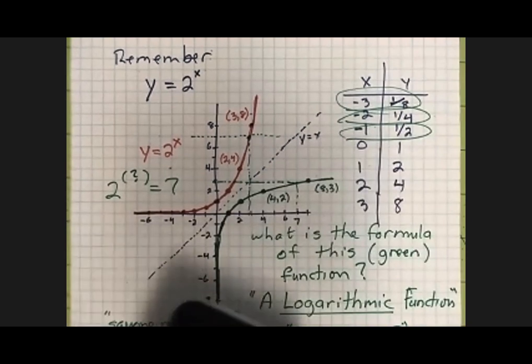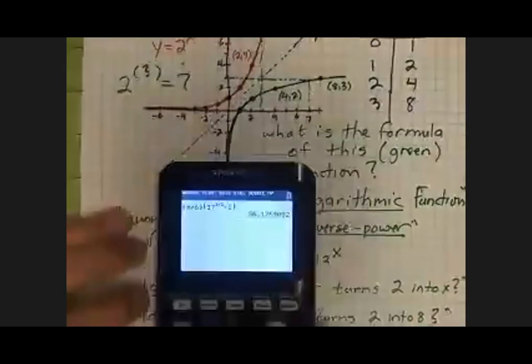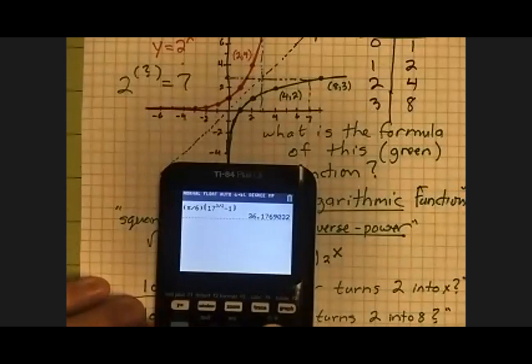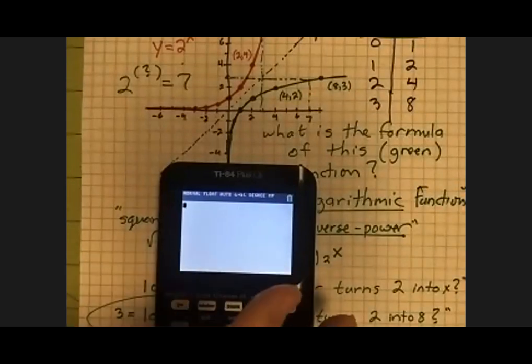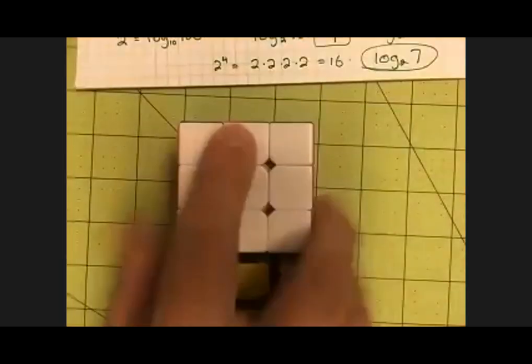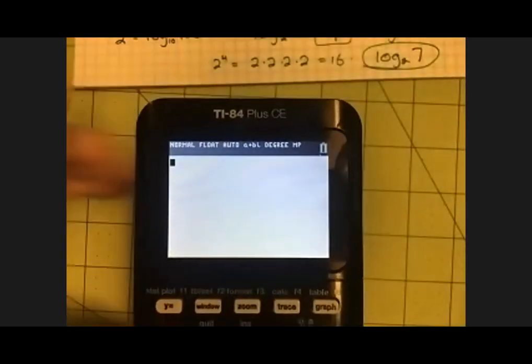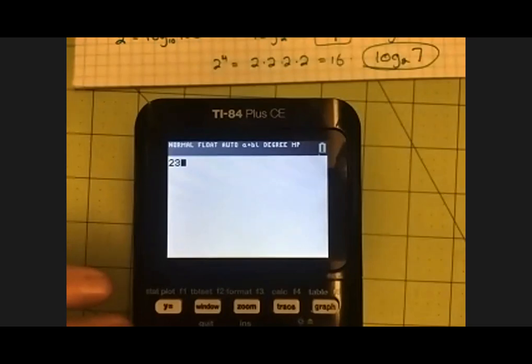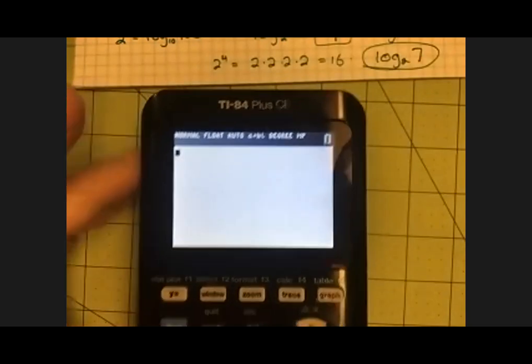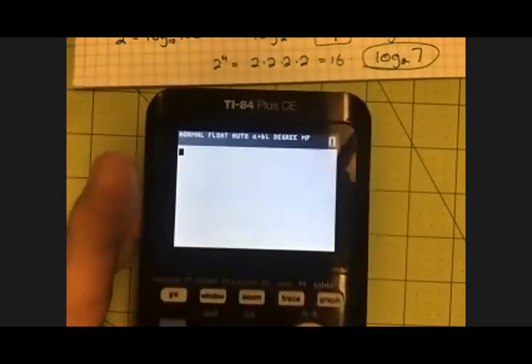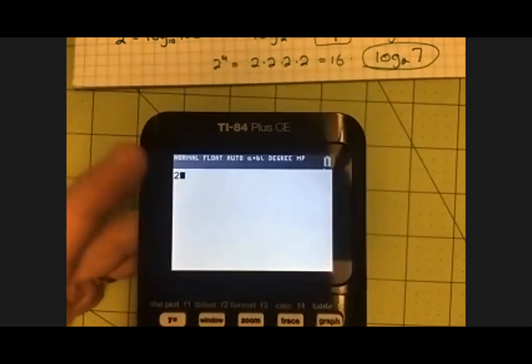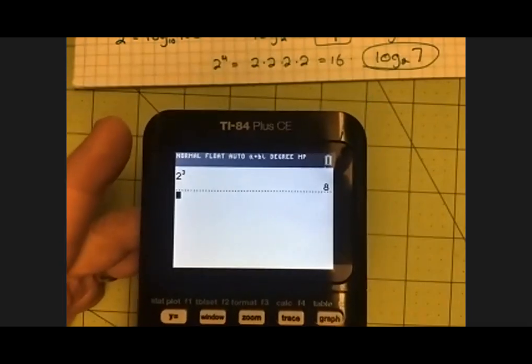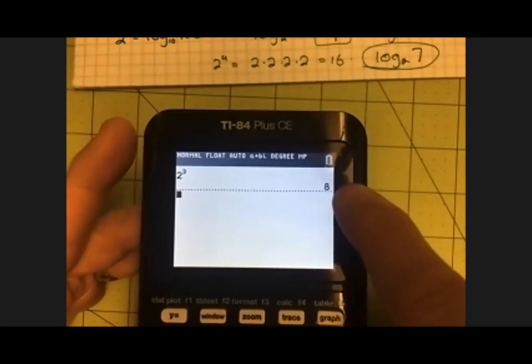I have my calculator over here. Let's get out my most excellent calculator stand. 2 cubed, sorry. 2 cubed is 8. How do I get 7 instead of 8?